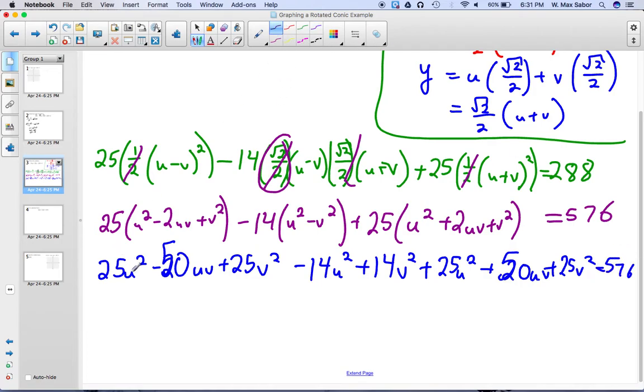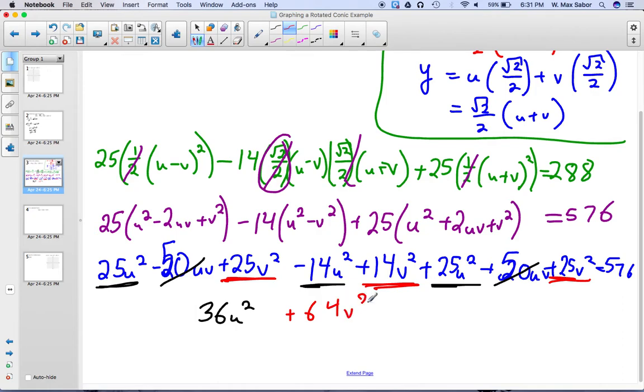What cancels? The UV and the UV cancel. We have 25U squared and more 25U squared, and minus 14U squared, so that leaves us with 36U squared. We have 25V squared and 25V squared and 14V squared, which becomes 64V squared, equals 576.